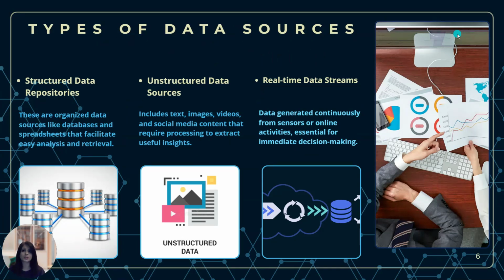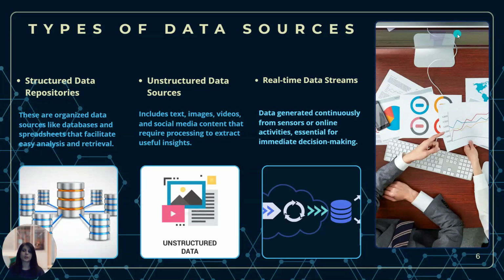Types of data sources that I've mentioned can be aggregated into three types. In some sources four types are mentioned, but here I'm making it more fundamental. So I differentiated three types: structured data, unstructured data sources, and the third one would be real-time data streams.